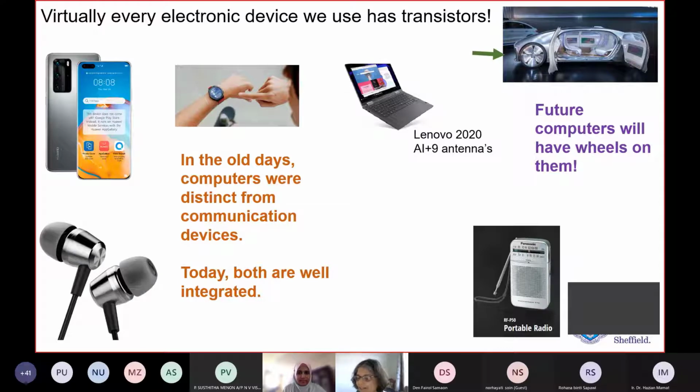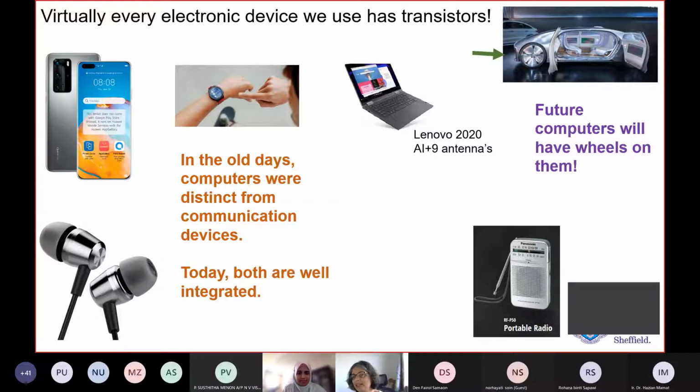But ever since the evolution of the mobile phone in parallel with laptops, you can see that last year the Lenovo 2020 not only has a traditional CPU, but it's also got chips for AI as well as antennas to be able to communicate to other devices.